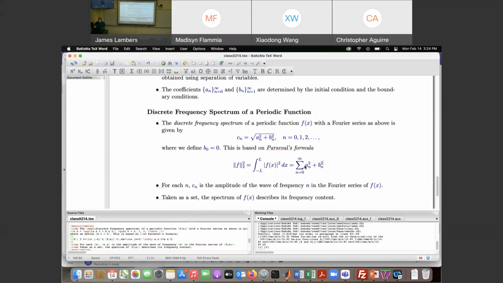There might be a scaling factor in here, and I'd have to work carefully to derive the whole thing to be sure. So we're taking the sum of squares of all the Fourier coefficients.